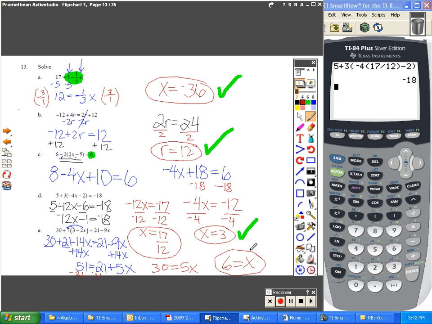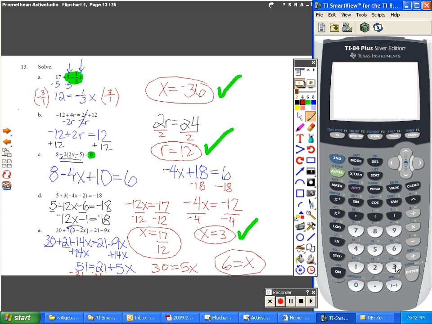To check this one, my last one, I type in the whole thing. 30 plus 7, parentheses, 3 minus 2 times what I think is the x value, 6. Oh, oops. Too many parentheses.